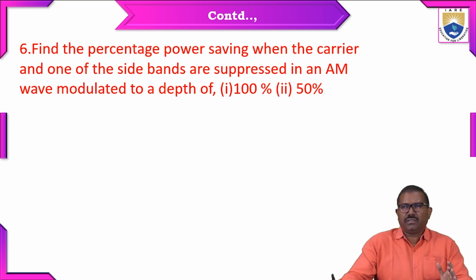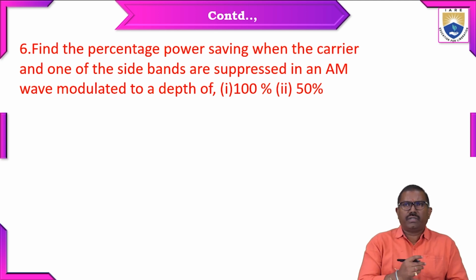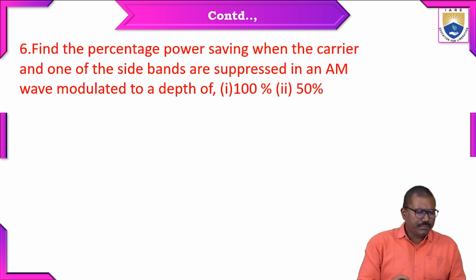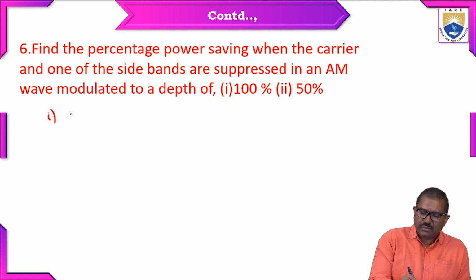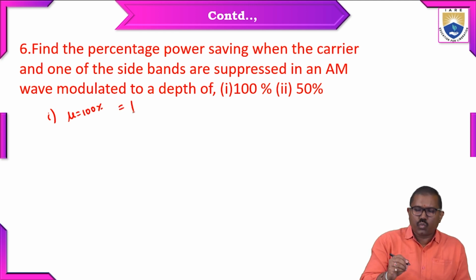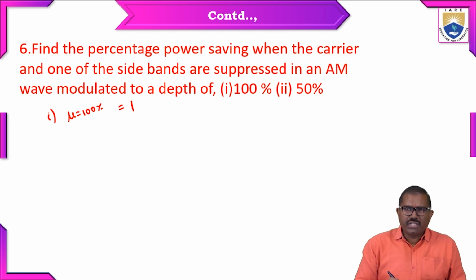Because AM, DSB and SSB are all coming in this module, so we are considering this problem. In the first case, the mu value is 100%. 100 by 100 gives 1. So mu value is 1.